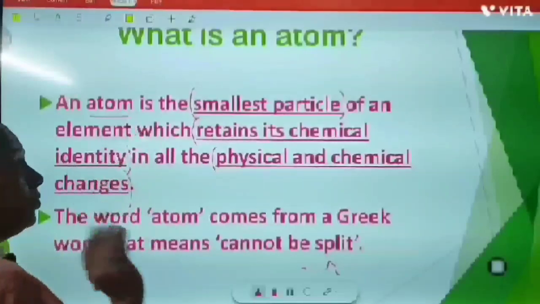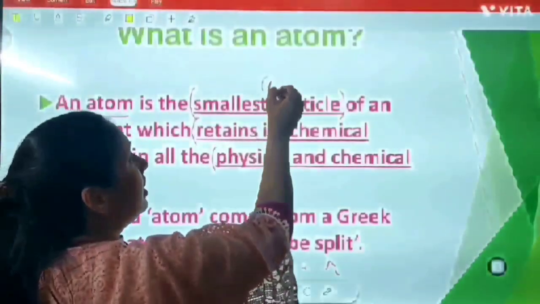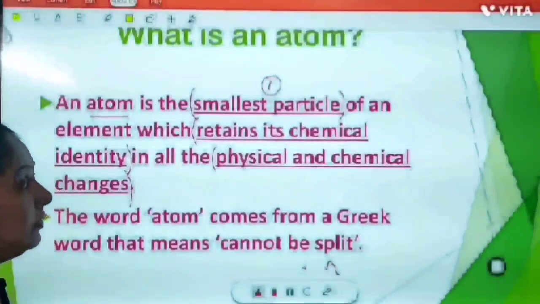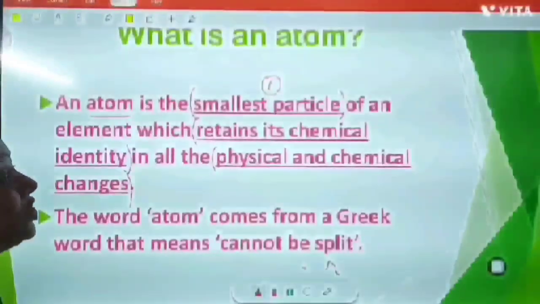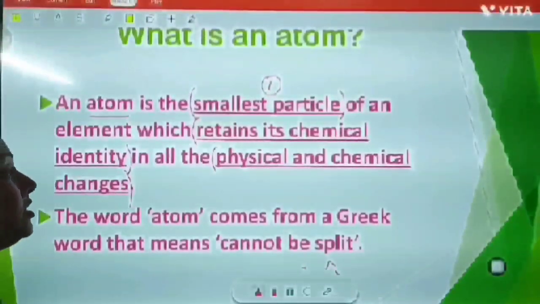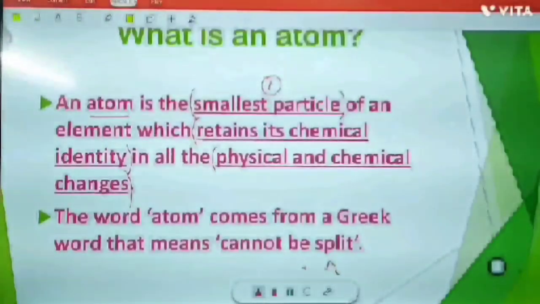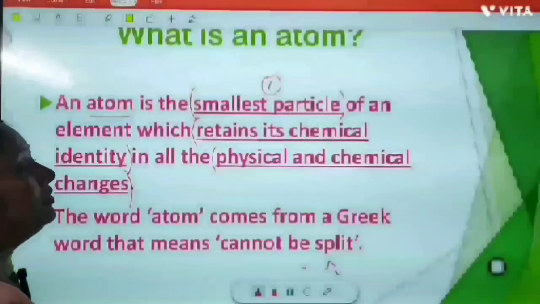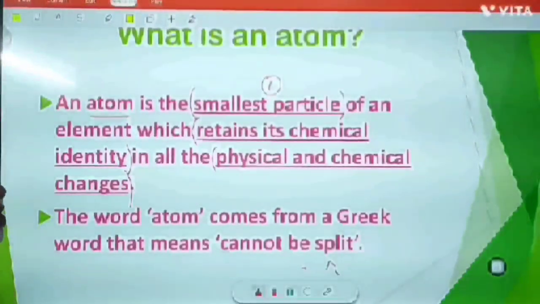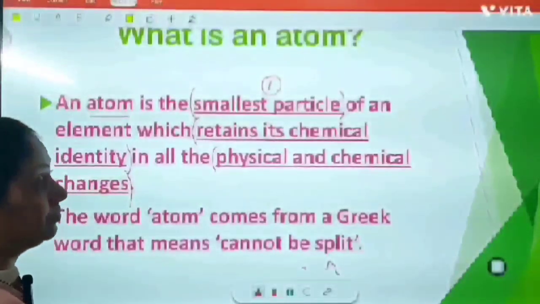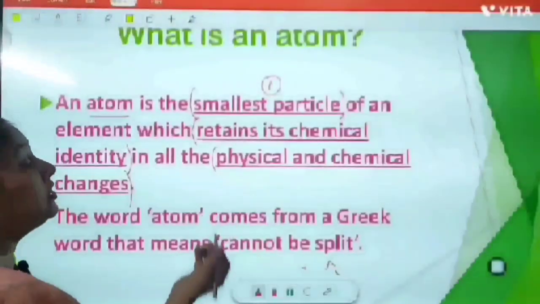So, all in all, an atom, first thing, it is the smallest particle. Second thing, it retains its chemical identity always, in all the physical and chemical changes it would go through.